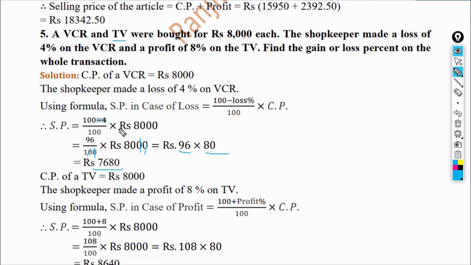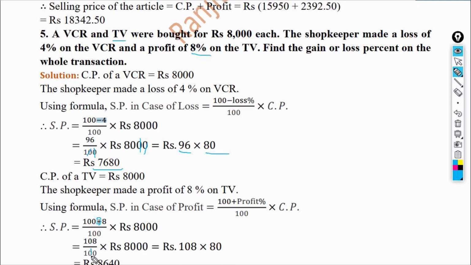Similar formula you can use. In case of profit, the only change is that you have to put a plus sign, and it is given 8% profit. Then 100 plus 8 divided by 100, that is 108 by 100, into rupees 8000.